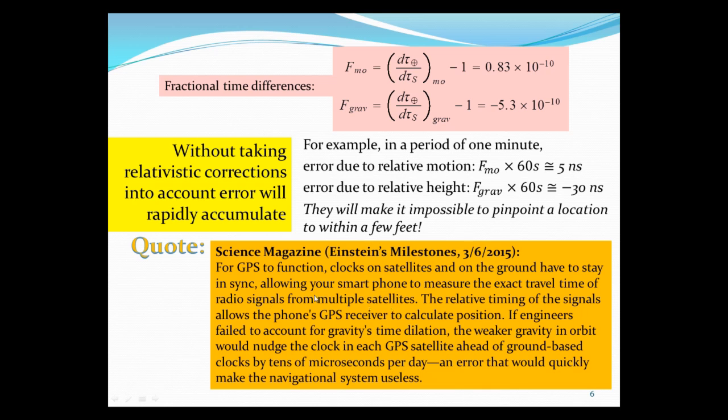The relative timing of the signals allows the phone's GPS receiver to calculate the position. If engineers failed to account for gravity's time dilation, the weaker gravity in orbit would nudge the clock in each GPS satellite ahead of the ground-based clock by 10 microseconds per day, an error that would quickly make the navigation system useless. But just saying, I thought it was very succinct and to the point.